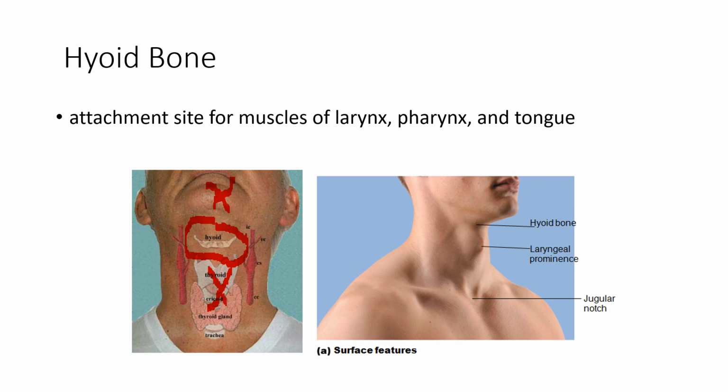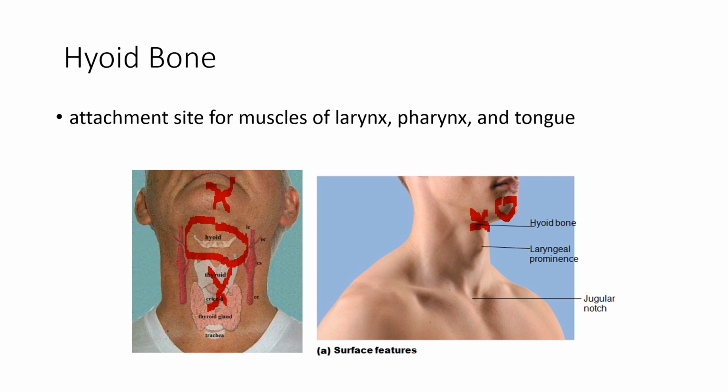Now, using the right image, I want you to trace and find the hyoid on you, beginning with the chin and moving down into your neck, locating the region above the larynx, and press a bit hard on the skin while I mark it as an X to locate the hyoid.